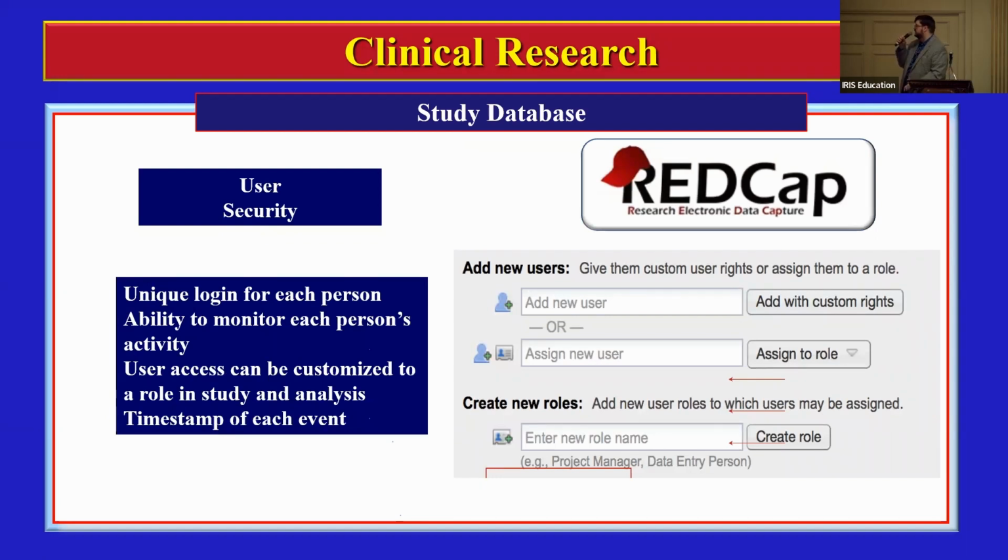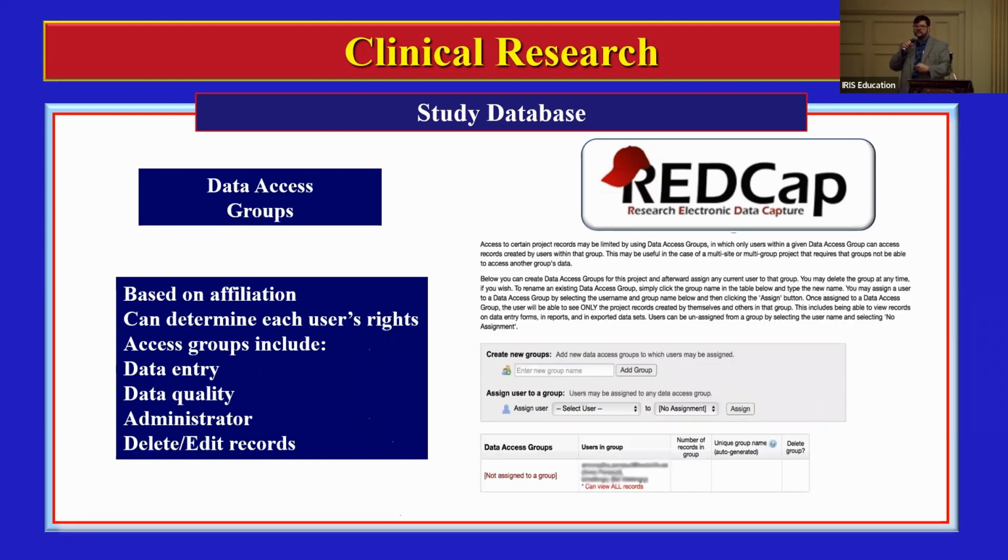There's also user security, which goes along with the logging. So in an Excel file, let's say that you have a Google Documents or Google Sheets where you have 5 people collecting data at one time. That can become a huge mess if you ever have conflicts of people entering on the same patient at the same time or things like that. So REDCap actually has individual logins for each of the users at an institution.